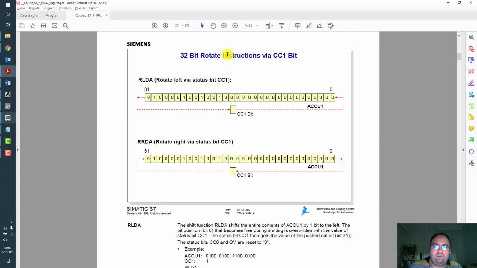Rotating instruction works with condition code bit CC1. Left or right command is possible, and for carrying the least significant bit or most significant bit, the PLC uses the CC1 bit to carry from last to first or first to last.